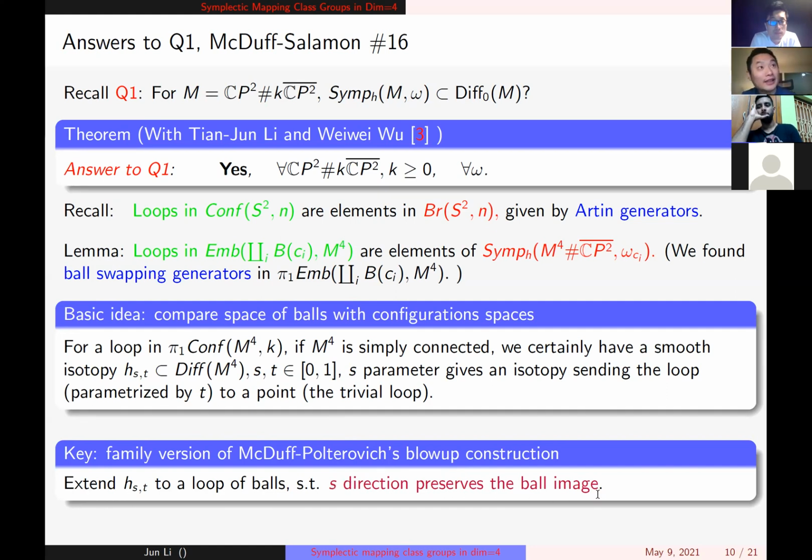Fortunately, for really small balls, there is some Lipschitz constant bound for any isotopy H_st. If we restrict our ball sizes within that bound, we are able to have a ball-image-preserving direction. And then next we establish some trick to reduce the question to small size blowups. So that's basically the idea. I'll just say this much about question 1.